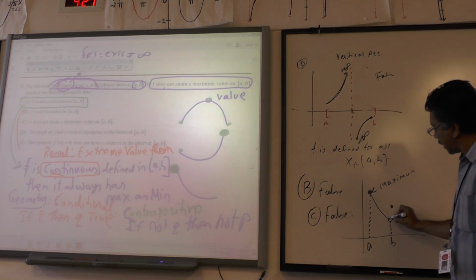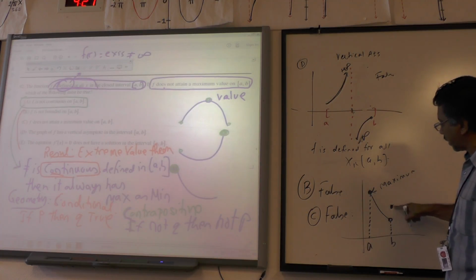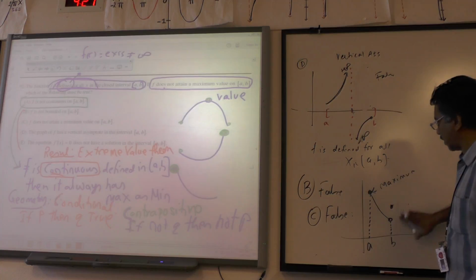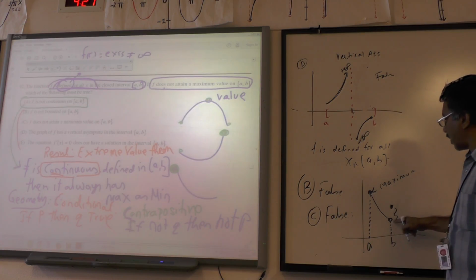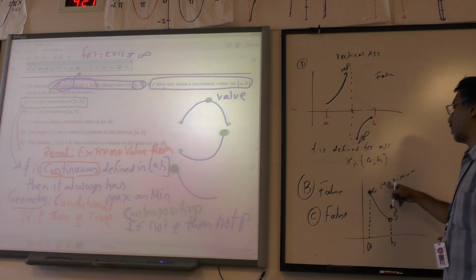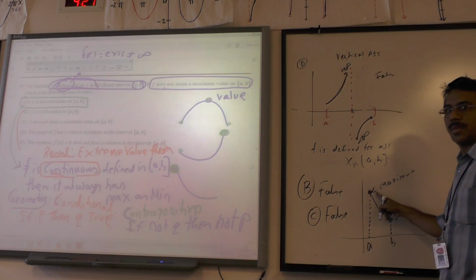But here it doesn't have a minimum. This is not a minimum because this goes up, see. It is continuous, but it is discontinuous here. So not having a minimum does not mean it does not have a maximum. It does not have a minimum, but it has a maximum.